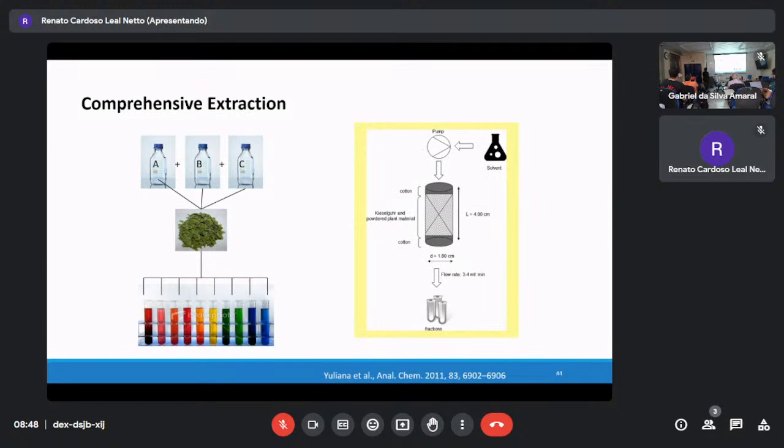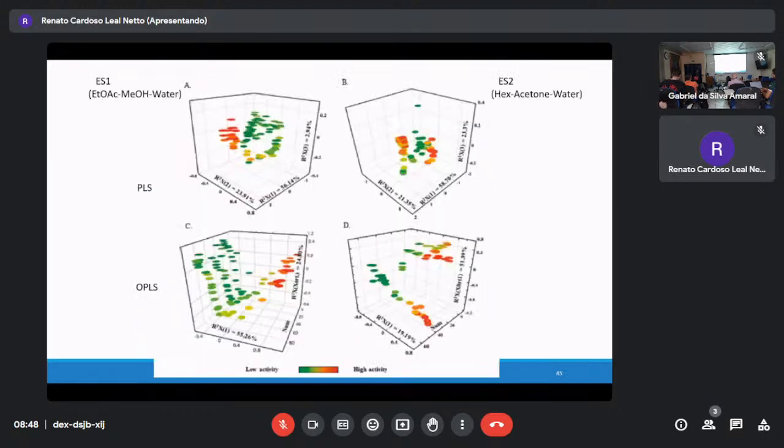Here, like this, an empty column is filled, and we started with the pump and collected fractions here. But we never used it for real metabolomics before because it takes time. We did some activity correlation, with anti-microbial and anti-inflammatory activity.